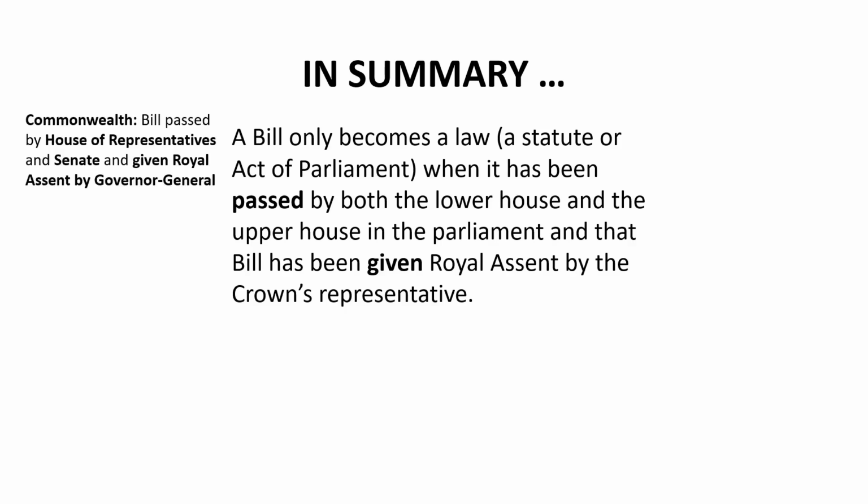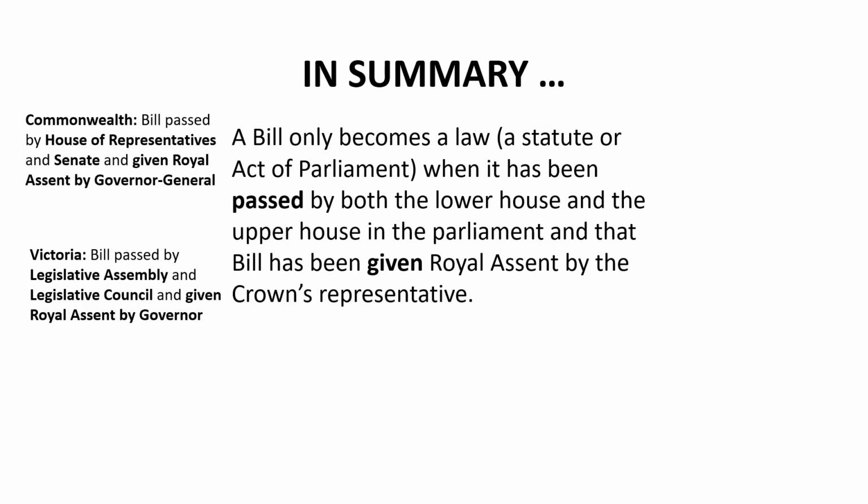So, at the Commonwealth level, a bill will only become a law, that is a Commonwealth Act, if it is passed by both the House of Representatives and the Senate and is given royal assent by the Governor-General. And at the Victorian level, a bill will only become a law, that is, a Victorian Act, if it is passed by both the Legislative Assembly and the Legislative Council and is given royal assent by the Victorian Governor.